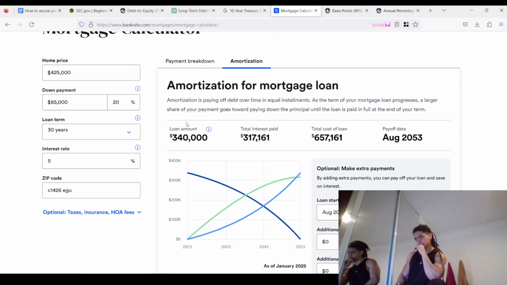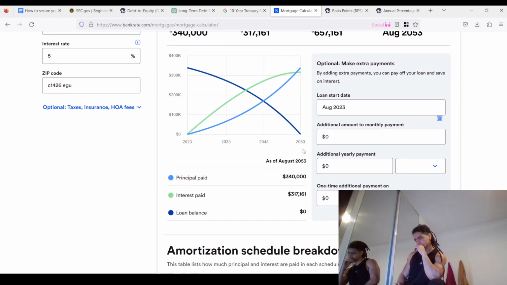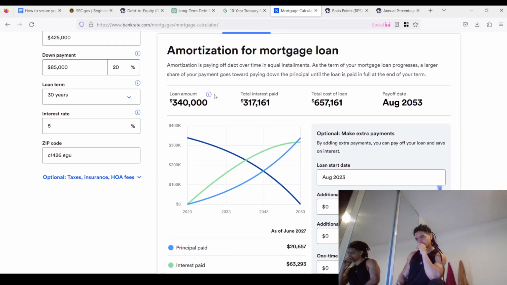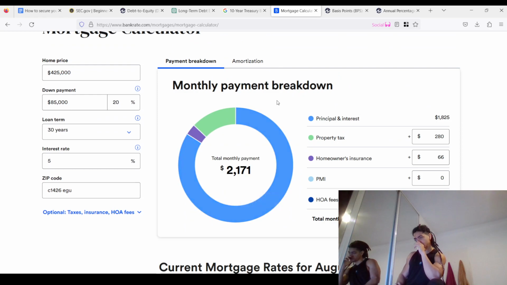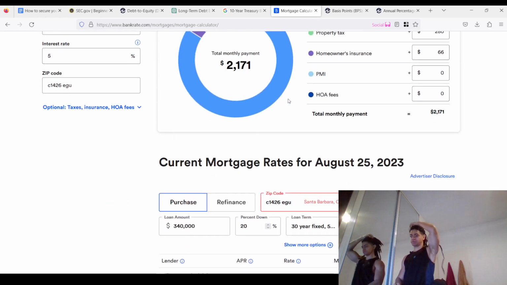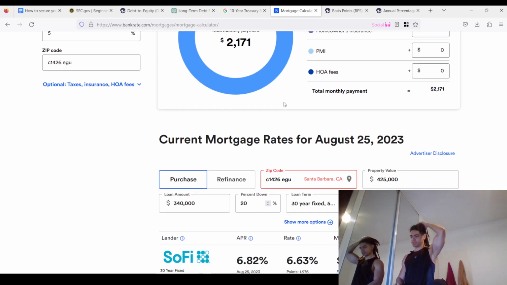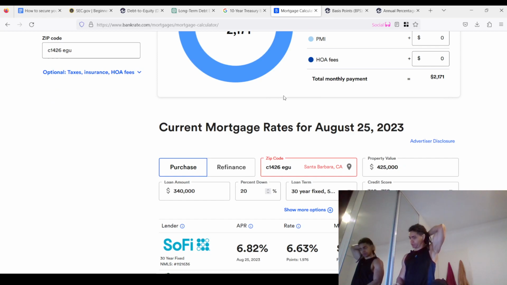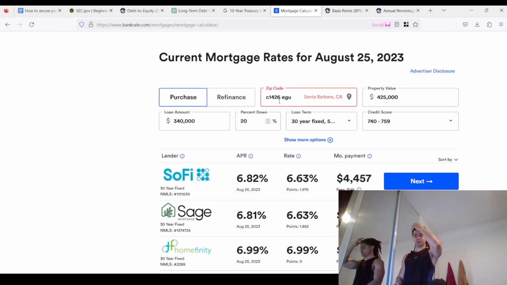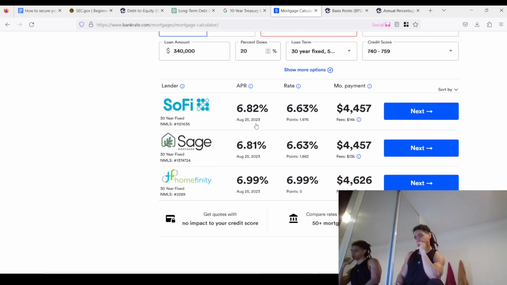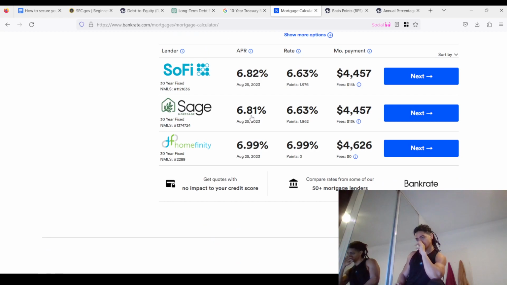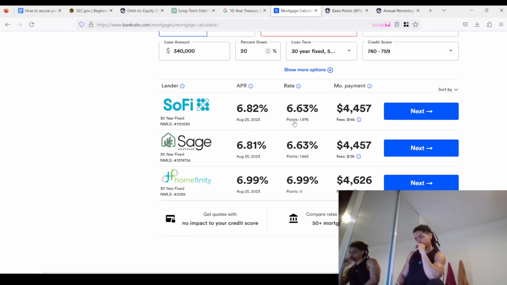Total cost of the loan. Monthly payment breakdown. Current mortgage rates for August 25, 2023. Current mortgage rate, 30-year fixed. Monthly payment. Jesus.